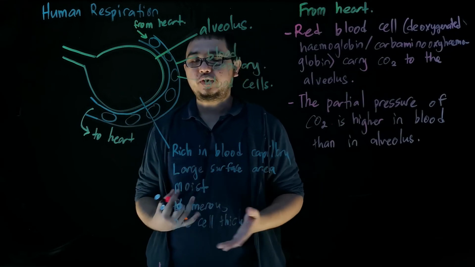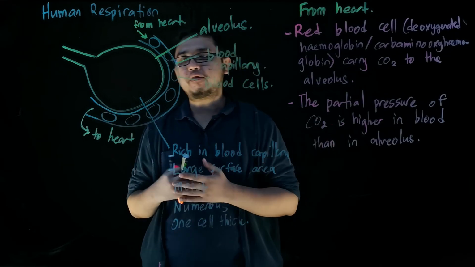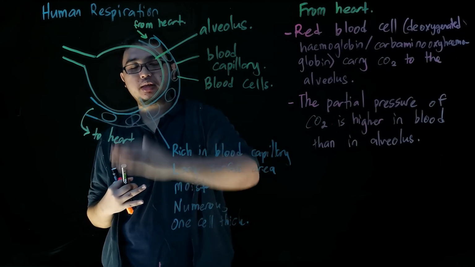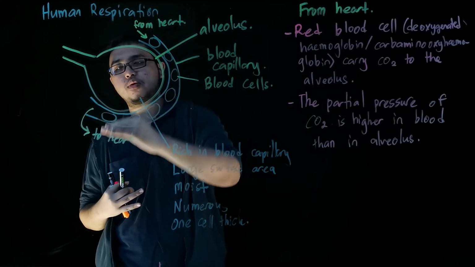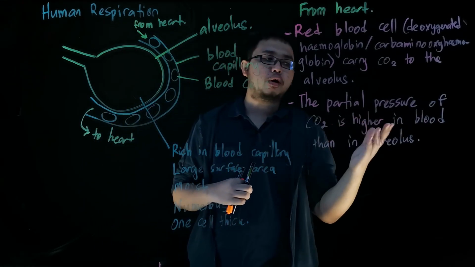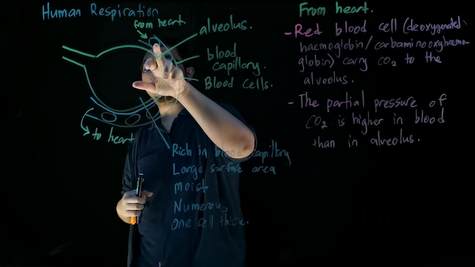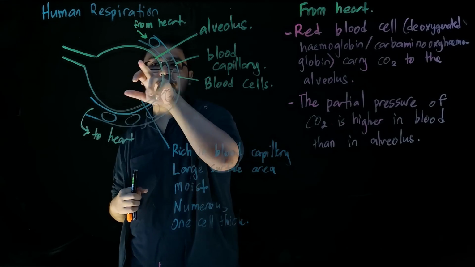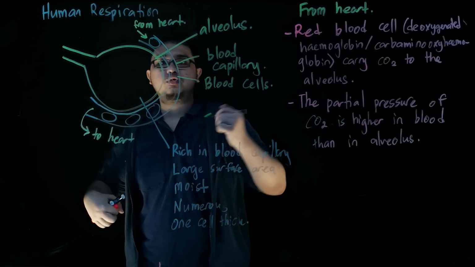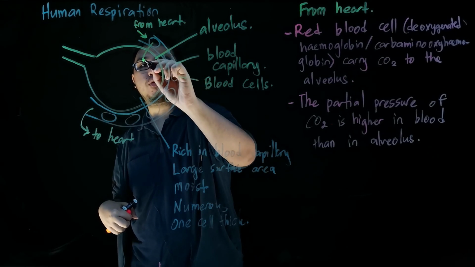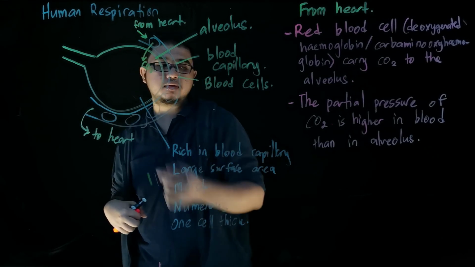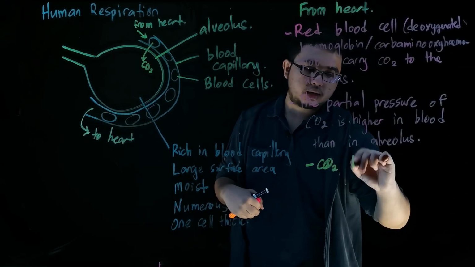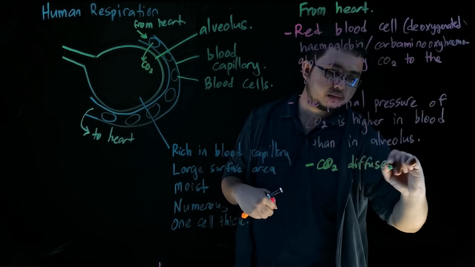And we've learned in chapter 3 that the movement of substances across membranes is always from high concentration to low concentration. So similarly for carbon dioxide, the partial pressure of carbon dioxide in the red blood cell is much higher compared to that in the alveolus. So the carbon dioxide then moves into the alveolus. Your carbon dioxide diffuses out of the cell.